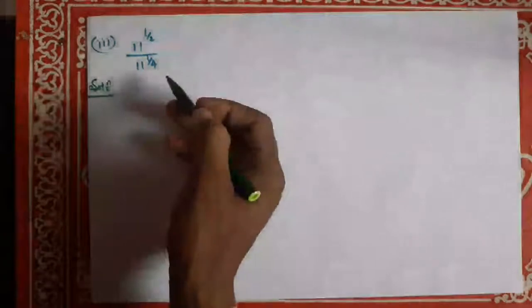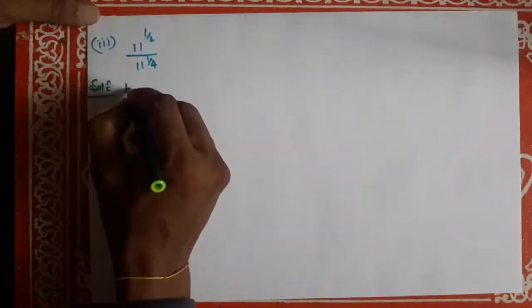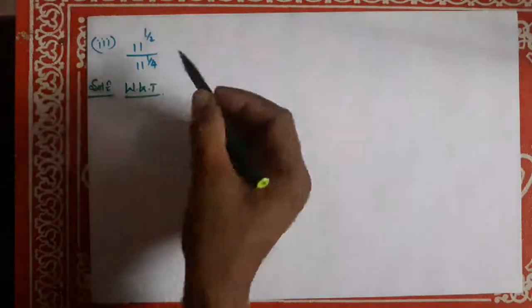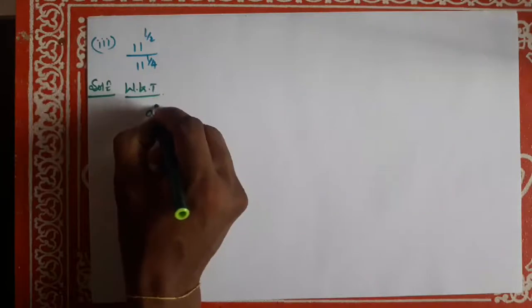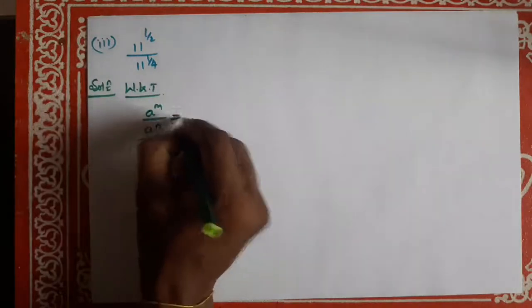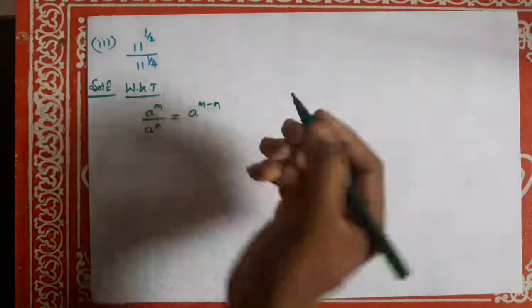Dear students, now we have to discuss the third question on simplify. We know that a to the power of m divided by a to the power of n is equal to a to the power of m minus n.